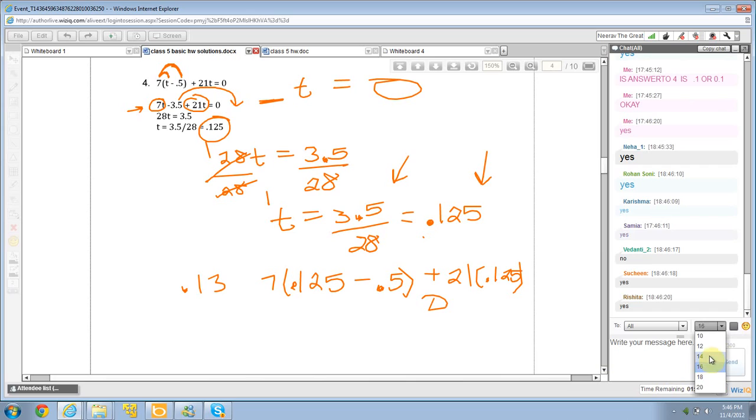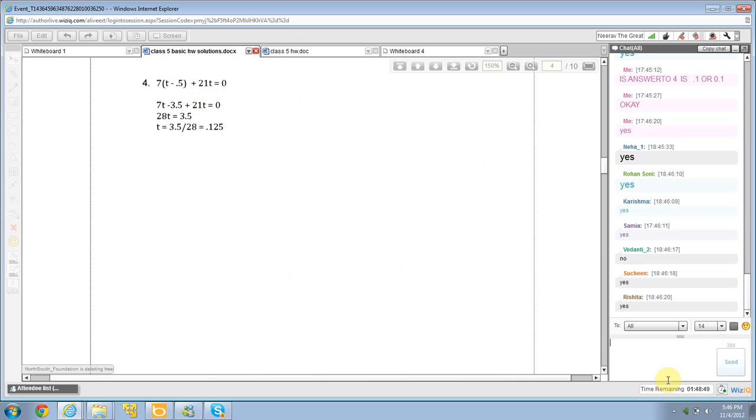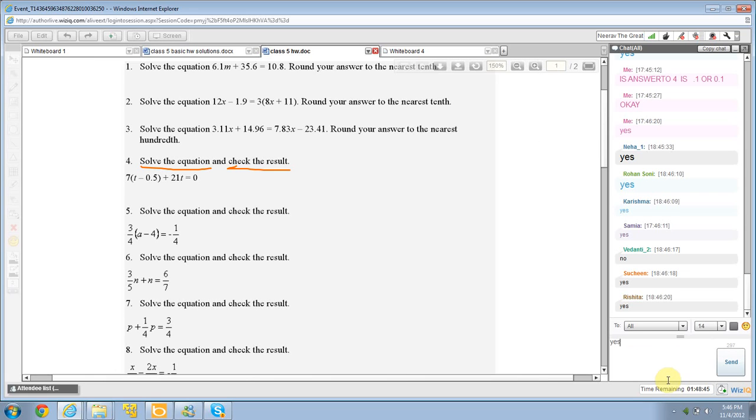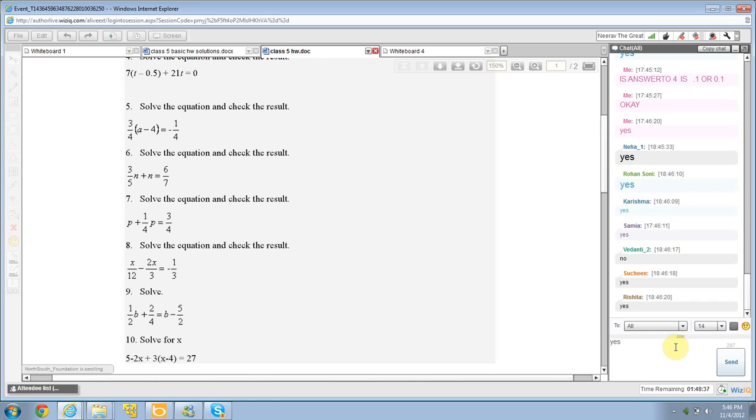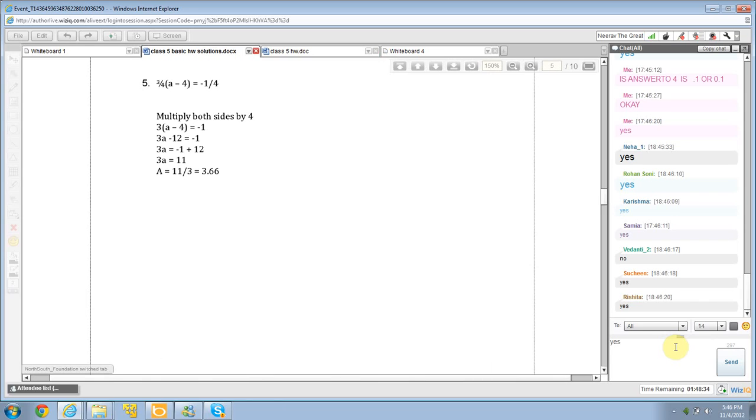Okay. So why don't we move on to the next one? Okay, so solve the equation and check the result. So I think for these next couple, all the way up to 8, is pretty much the same method.